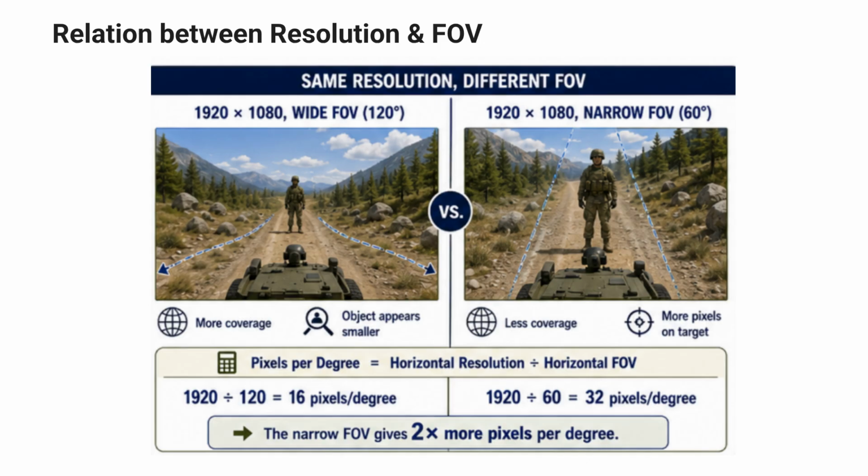A narrow 60-degree view shows less area but places more pixels on the soldier, making the target clearer. If the field of view remains the same, increasing resolution improves detail. For a UGV, the correct balance depends on whether the mission prioritizes wide situational awareness or long-range target visibility.